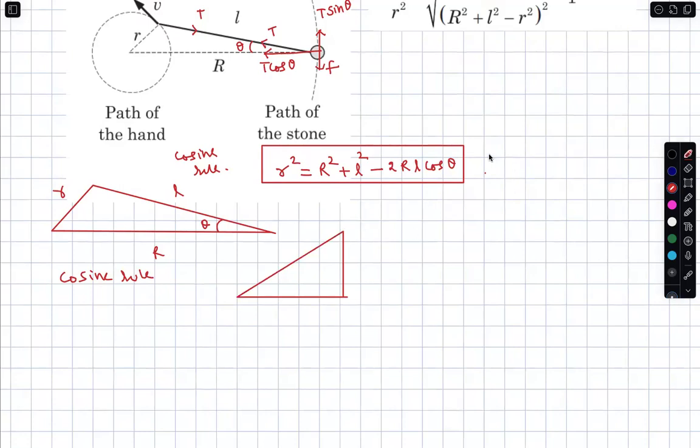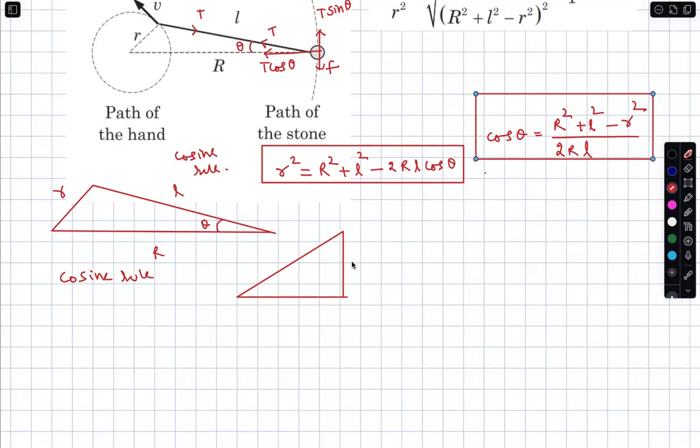From this I can write cos theta as capital R square plus L square minus small r square by 2 times RL. I don't think someone will object to this because I haven't done anything new. I have just rewritten this.